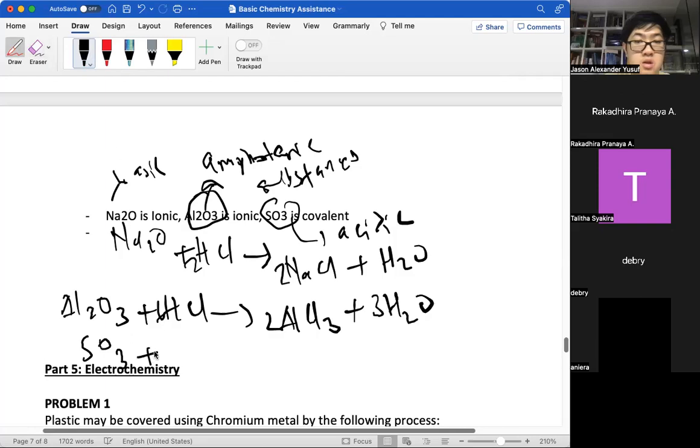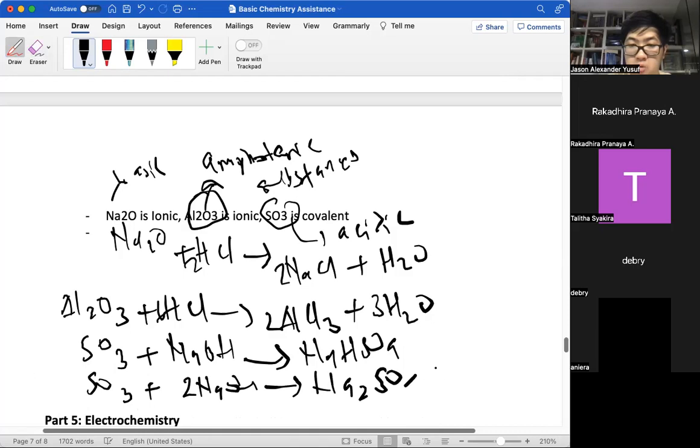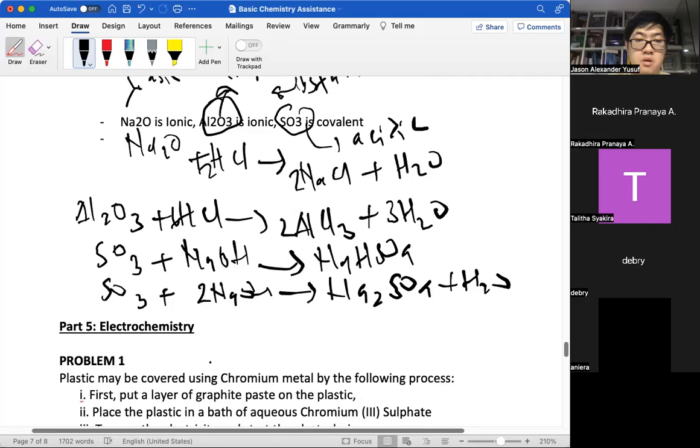So this is NaOH. So we can get NaHSO4, or if you react it further, SO3 with NaOH, you will get Na2SO4 and water. So these are the behaviors of the compounds.